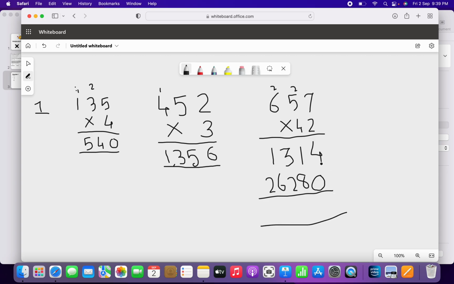So this gets added to this. These are the two lines. 4 plus 0 is 4. 8 plus 1 is 9. 2 plus 3 is 5. 6 plus 1 is 7. And 2, there's nothing here, so you need to assume it as 0. Right?